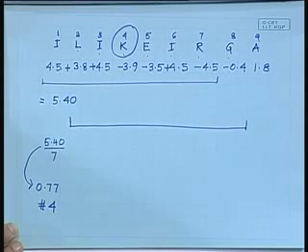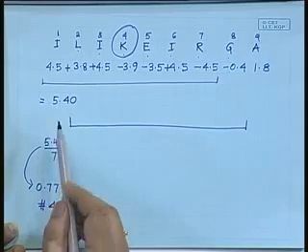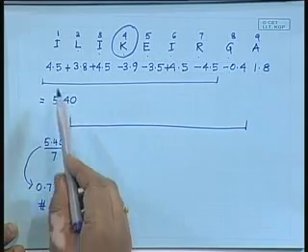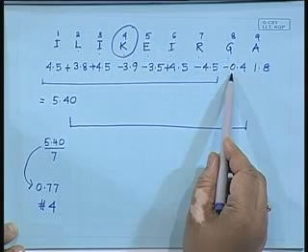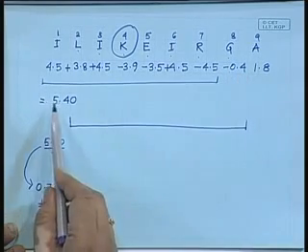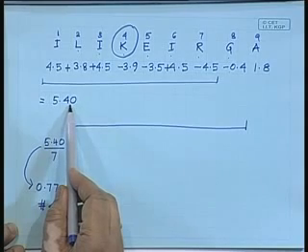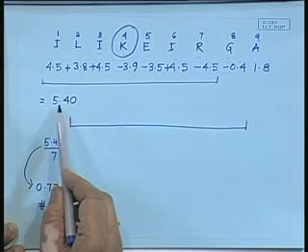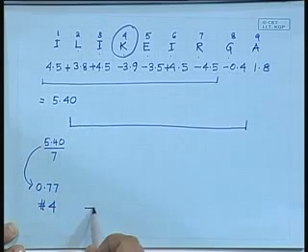If I take the other set, then what am I going to lose? I am going to lose 4.5 from this and add minus 0.4. So what is my value going to be for number 5?